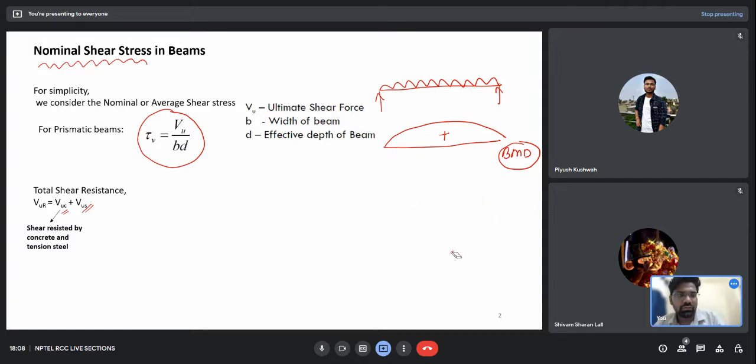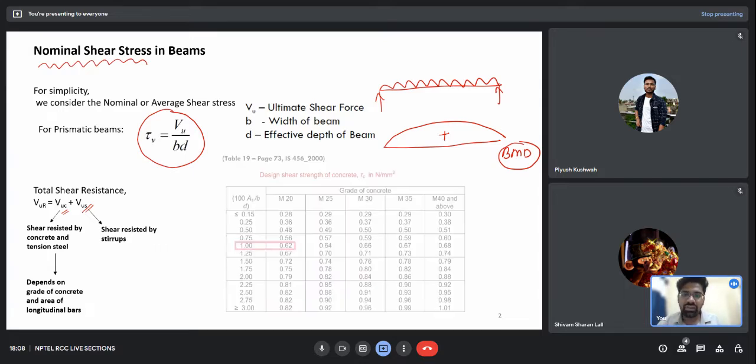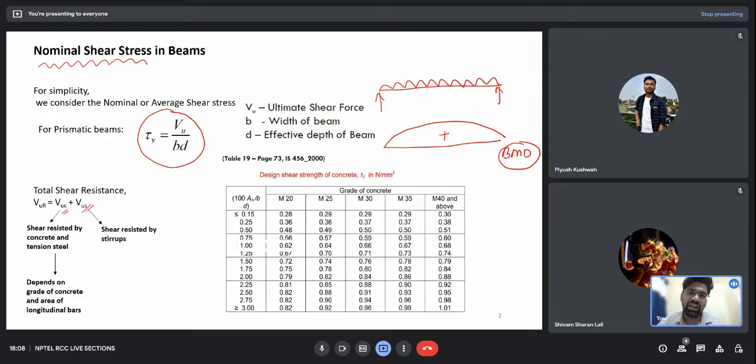VUS is shear resisted by stirrups, and VUC depends upon the grade of concrete and the area of longitudinal bars. How to calculate it? We have a table in IS 456, Table 19, page 73. We can easily calculate the design shear strength of concrete, that is tau c, based upon the grade of concrete and the area of tensile reinforcement present in that beam.